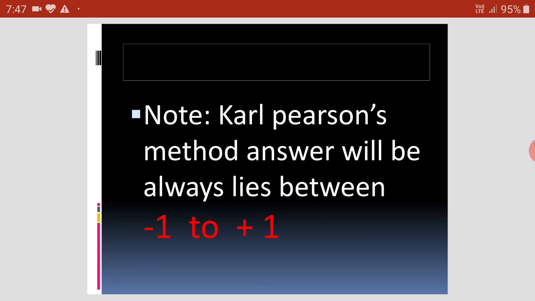Suppose your answer is more than 1, like 1.25, it means there is some mistake in some step or calculation. So just remember, when you calculate by Karl Pearson's method, your answer always lies between -1 and +1. Remember this point.